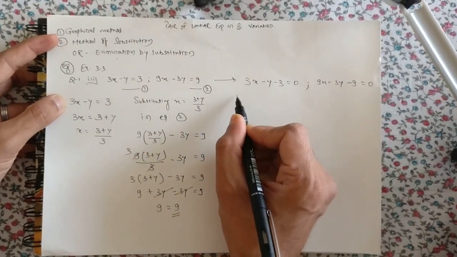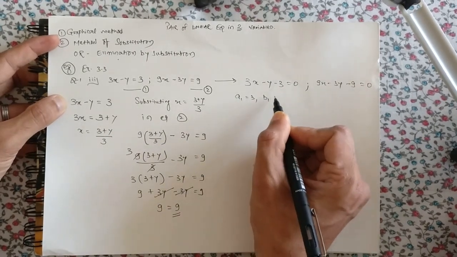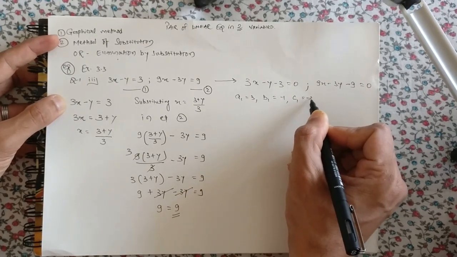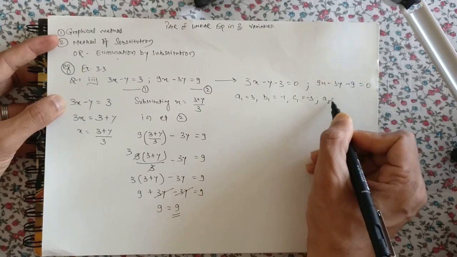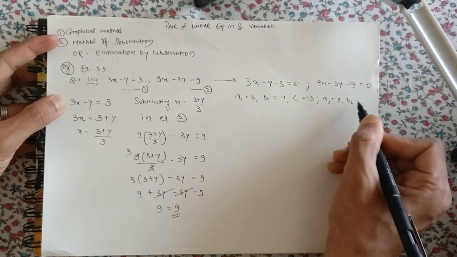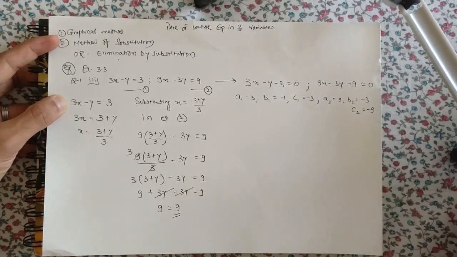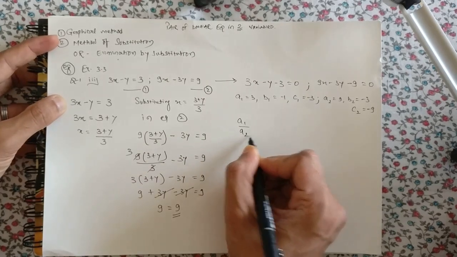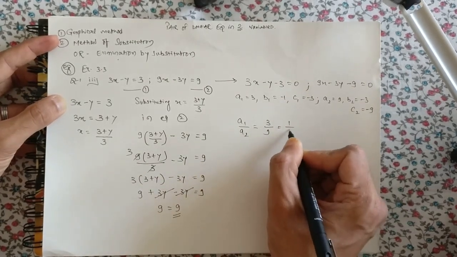What I've done is I've written these two equations in their standard form. Now can you tell me what is a1? a1 is 3, b1 minus 1, c1 minus 3, right? What is a2? 9, b2 minus 3, and c2 minus 9. So we will find a1 by a2. a1 by a2 will be 3 by 9, that is 1 by 3.